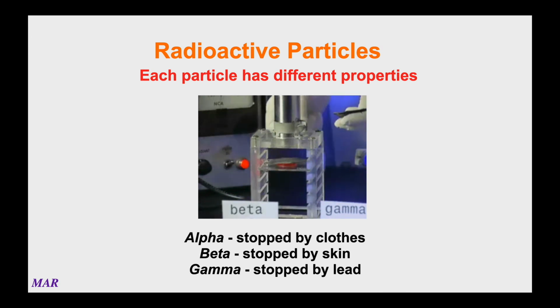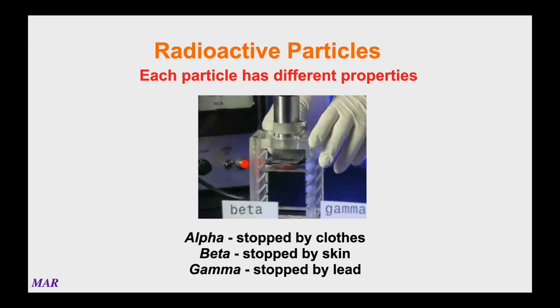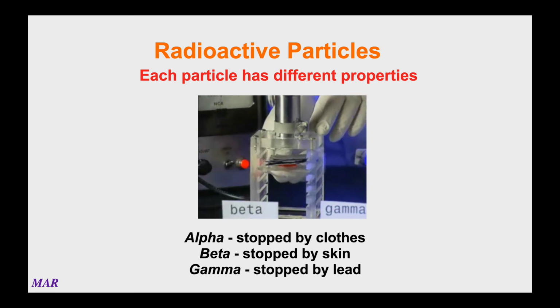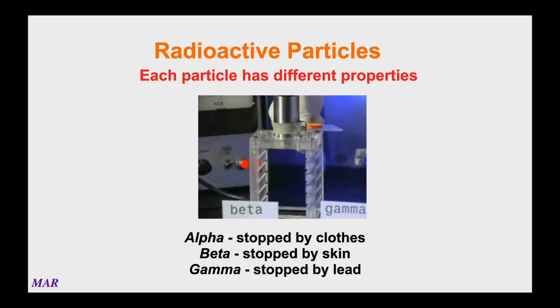One sheet of lead and 2 and even 3 that quieted the beta does not quiet the gamma. We can add even a 4th. Gamma has the greatest penetration of all the radioactive particles, alpha and beta. Gamma is an electromagnetic energy wave.